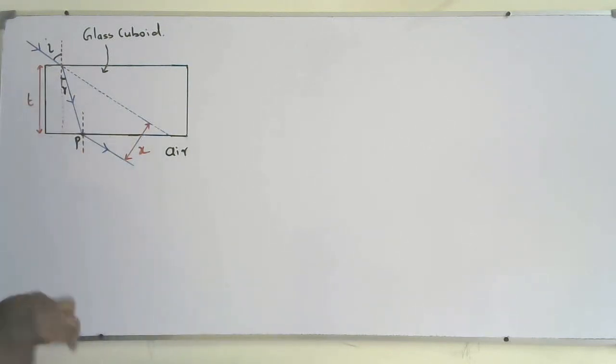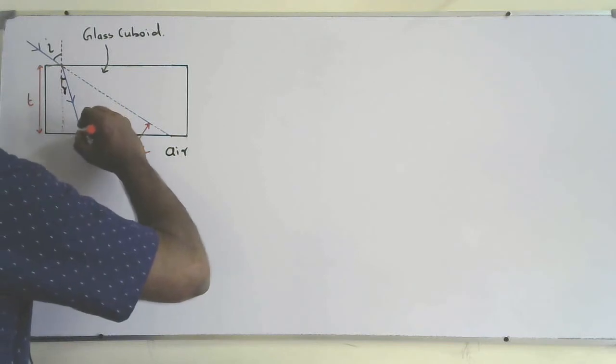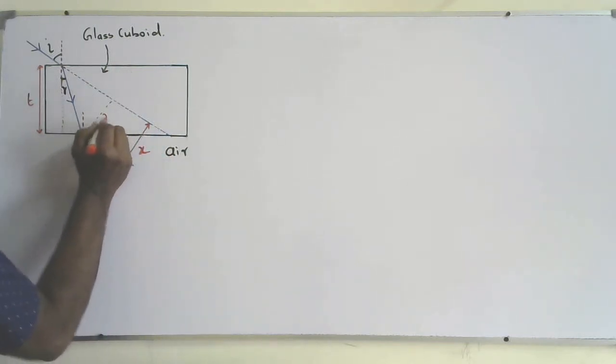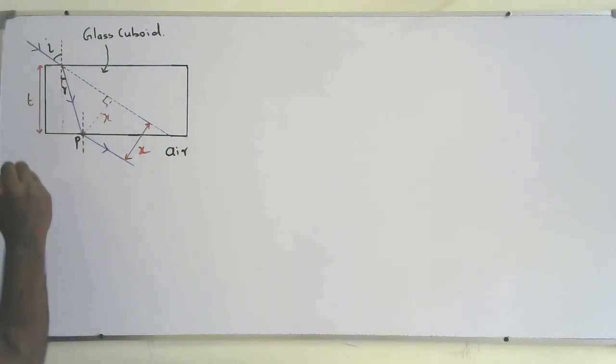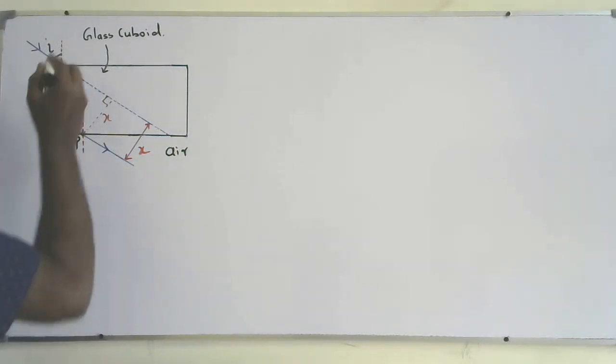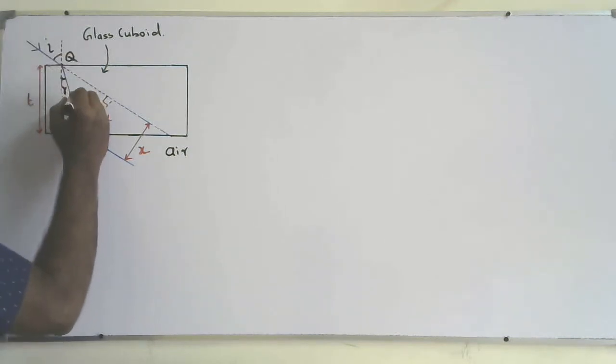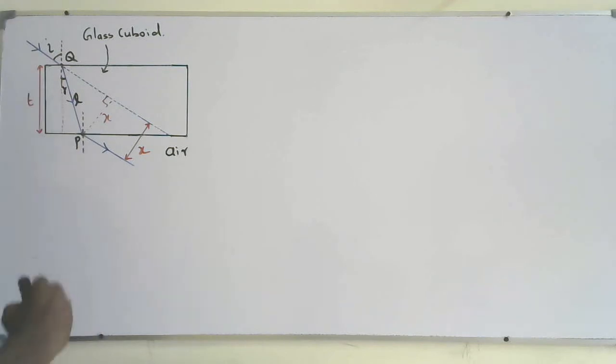That length will be equal to X. So this is X and this is 90 degrees. I'll name this one Q. The length QP, I name it as L.